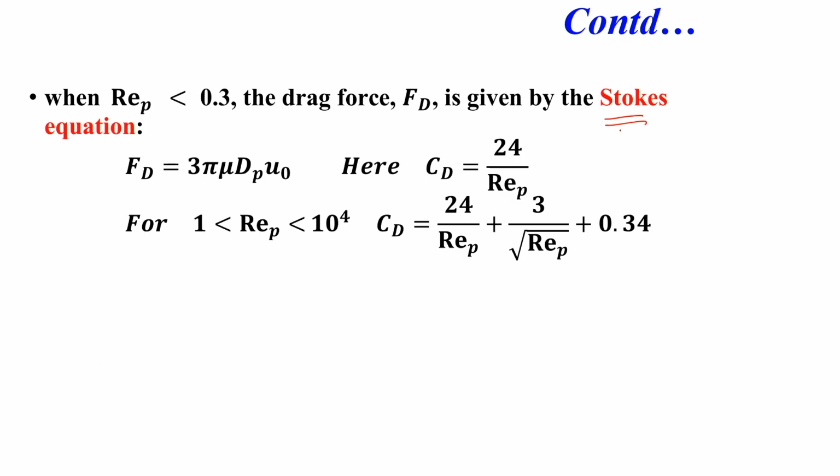Now, for this drag coefficient, if the Reynolds number is very low, it is defined by the Stokes equation, so C D is 24 upon Reynolds number.